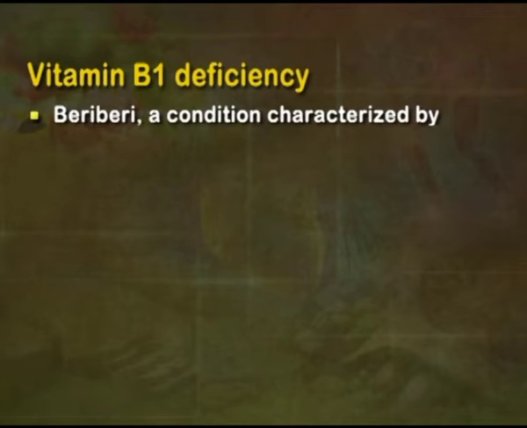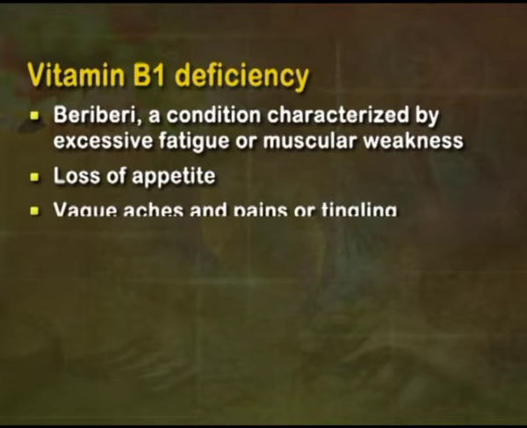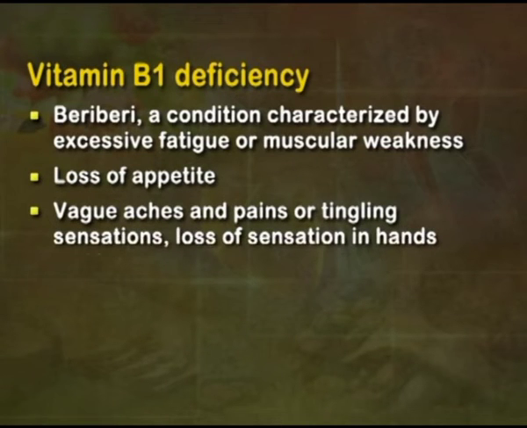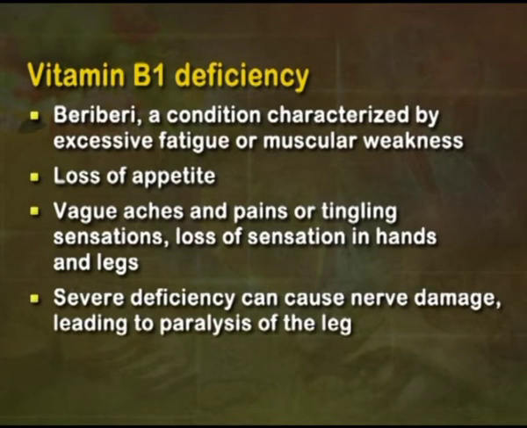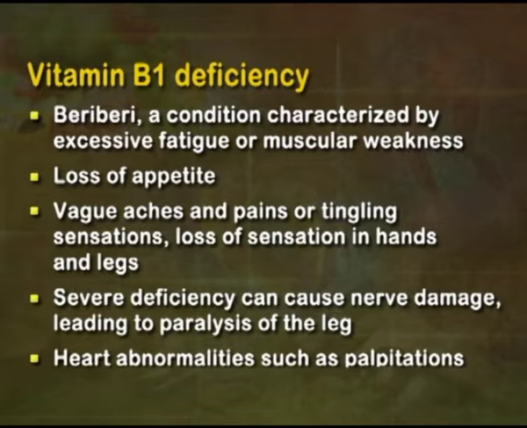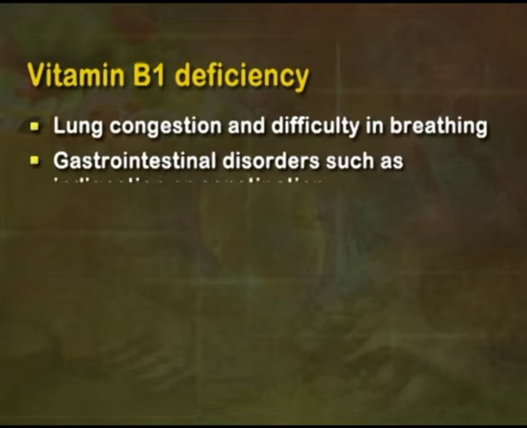Vitamin B1 deficiency leads to a condition called beriberi, characterized by excessive fatigue or muscular weakness, loss of appetite, vague aches and pains or tingling sensations, loss of sensation or numbness in hands and legs. Severe deficiency can cause nerve damage leading to paralysis of the leg, heart abnormalities such as palpitations or enlarged heart, lung congestion and difficulty in breathing.